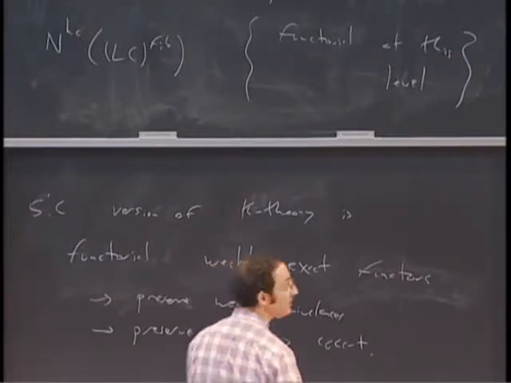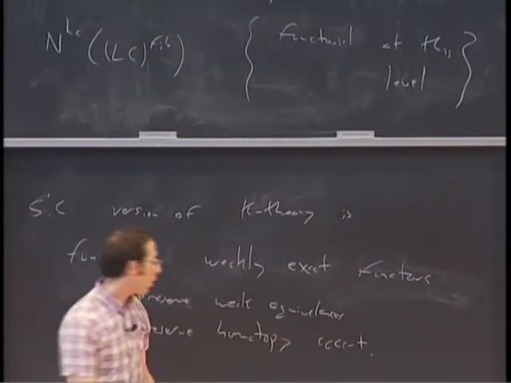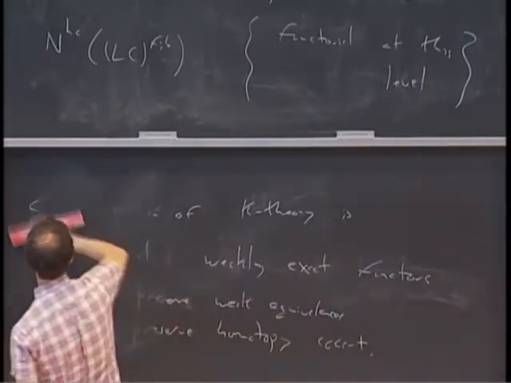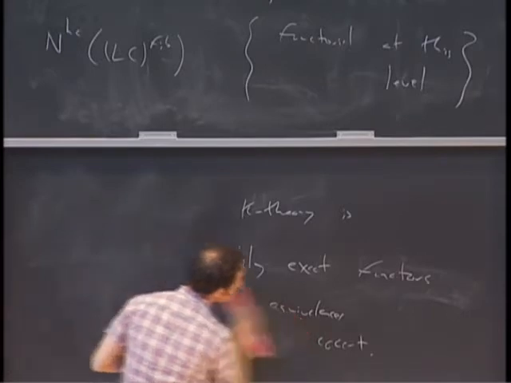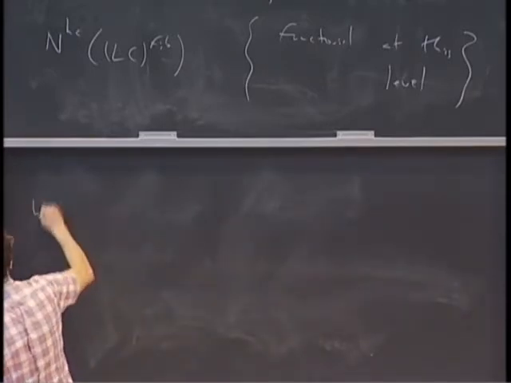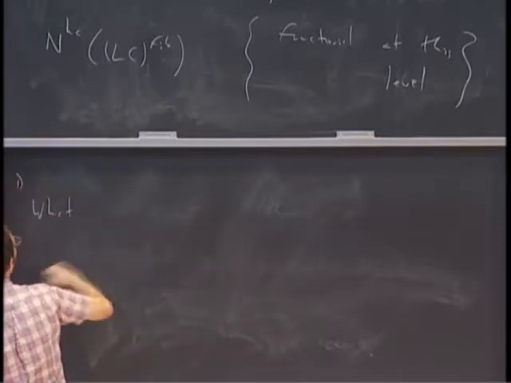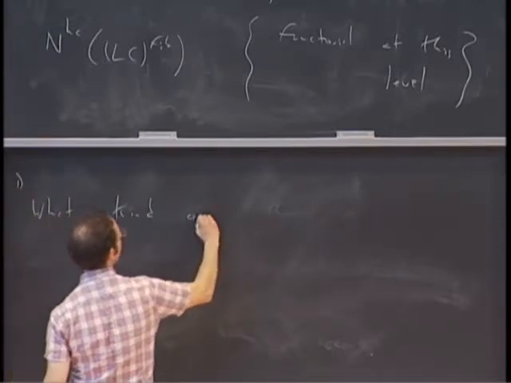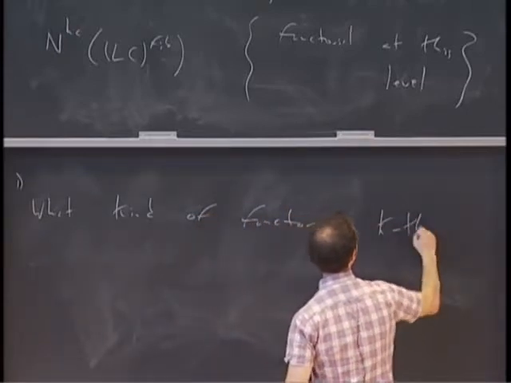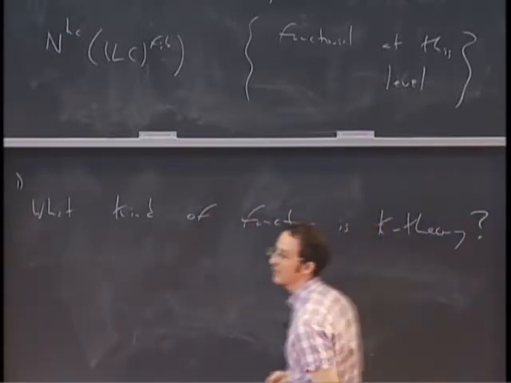All right. So that brings us to the end of the first half of the talk, the point of which was to set up the following question. And that is maybe two questions. One, what kind of functor is K-theory?